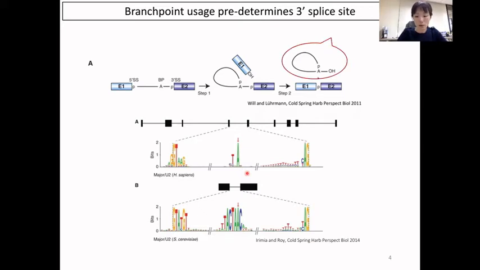And myself and many other scientists have spent a lot of energy trying to catch this lariat molecule so that we can detect the linkage between the 5' splice site and the downstream intron sequence. So we know where the branch point is.